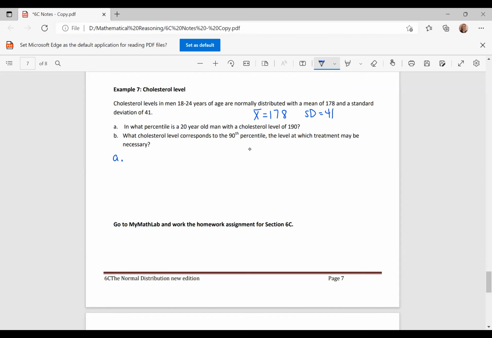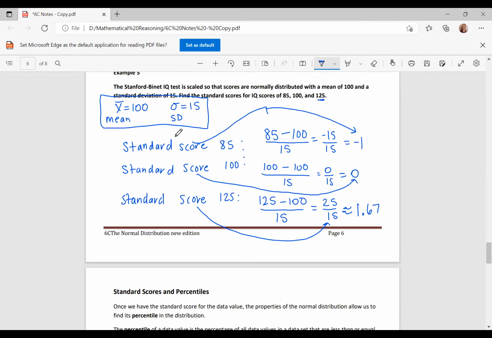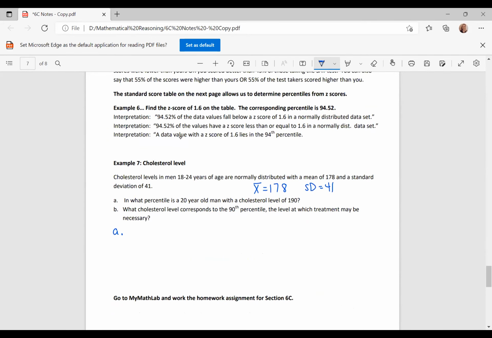We're working this problem just like we did these up here. We're looking for our standard score. They're telling us that we have somebody that had a cholesterol score of 190. So you do 190 minus your mean of 178, divided by your standard deviation.